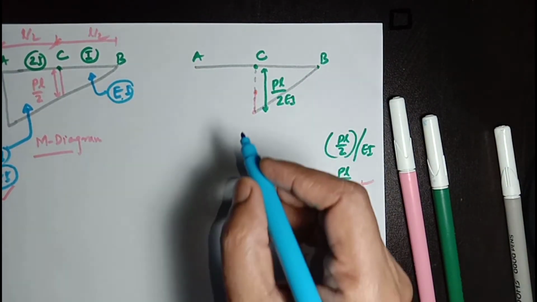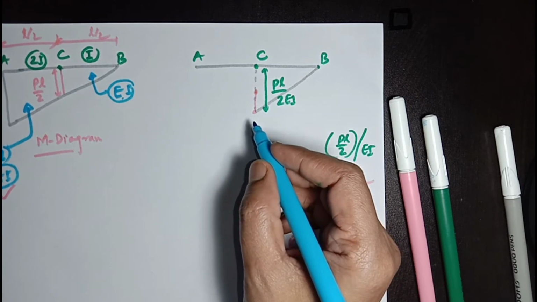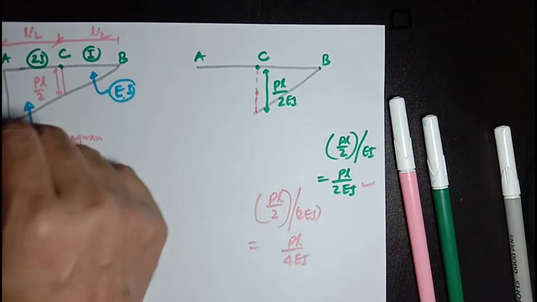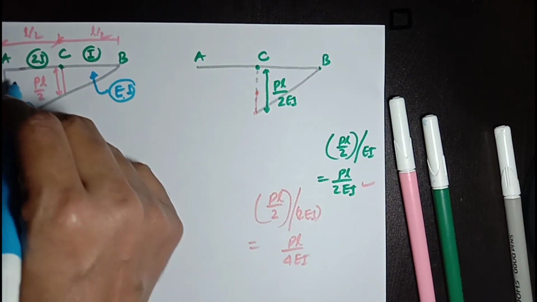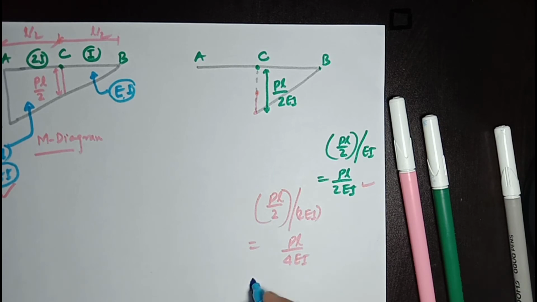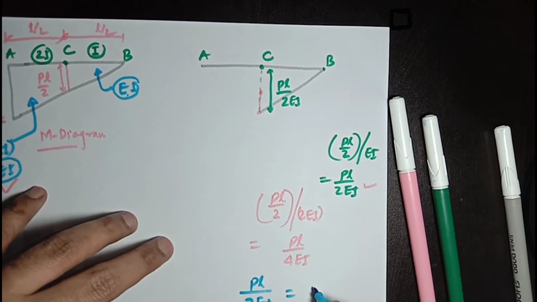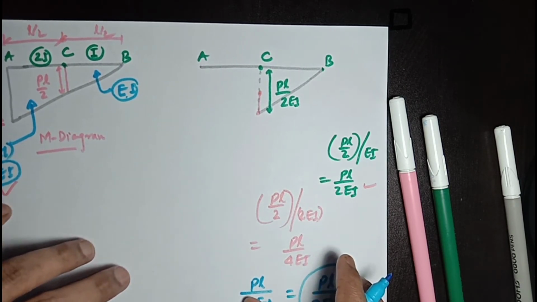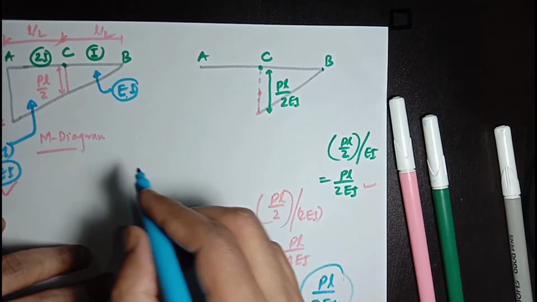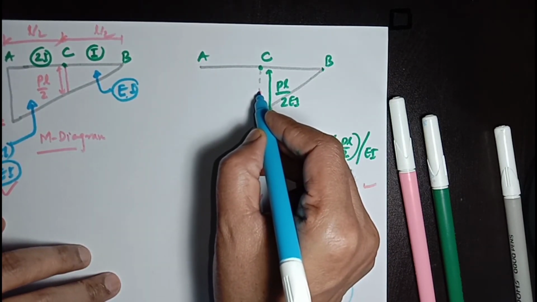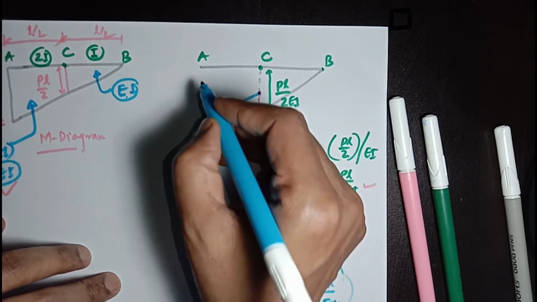Now at point A the bending moment is PL, and here the flexural rigidity is twice EI. So it will be PL divided by twice EI, and the M over EI diagram will be something like this.